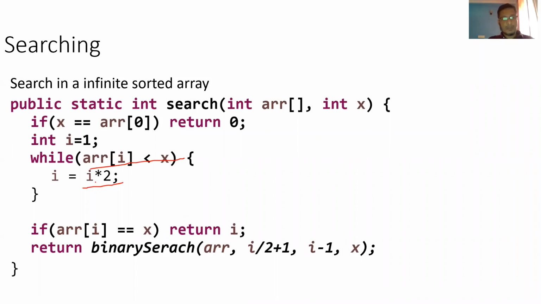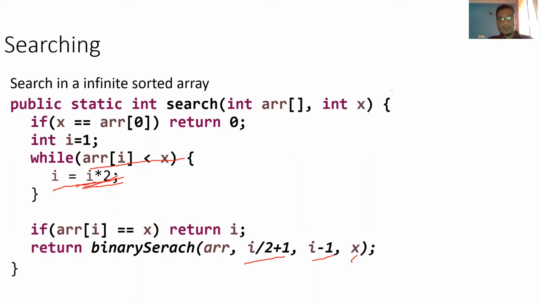Otherwise, I will keep incrementing I and look for the next iteration. Once you find that item, I do I by 2 for low, because I already incremented I, so I need to go to the previous I. That is why I'm doing I by 2 plus 1, the next item. Then I minus 1 is nothing but the last item. This is the index, and X is the item to be searched.